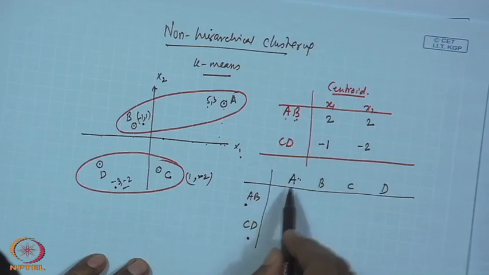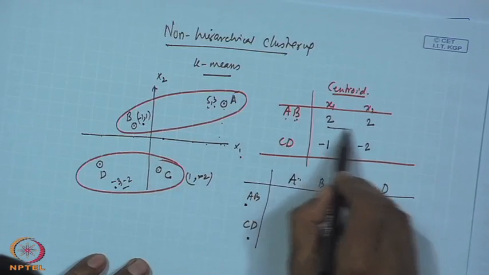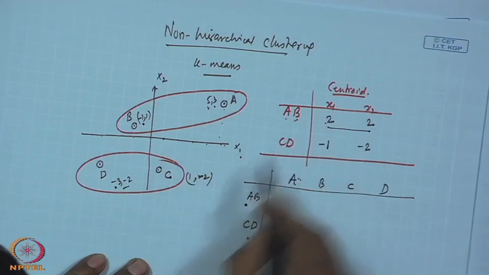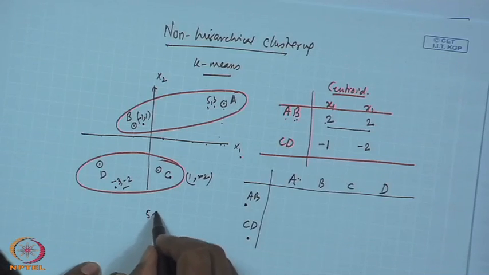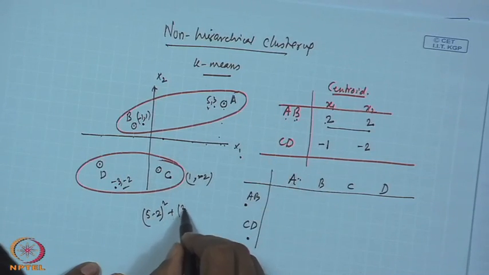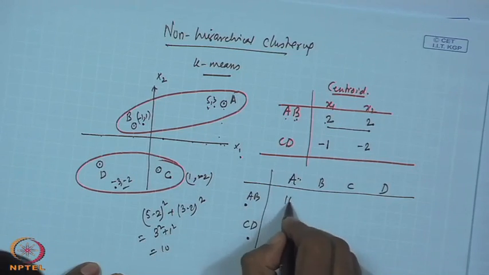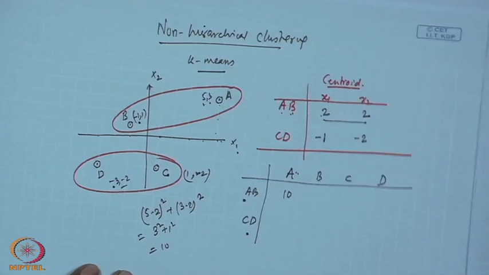Now A is 5, 3, AB is 2, 2. So 5 minus 2 square plus 3 minus 2 square, that means 3 square plus 1 square, this is 10. So the distance is 10.